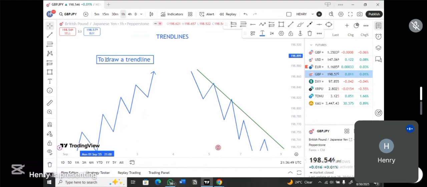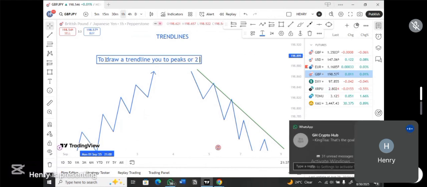To draw a trend line, you need two peaks or two what? Troughs.